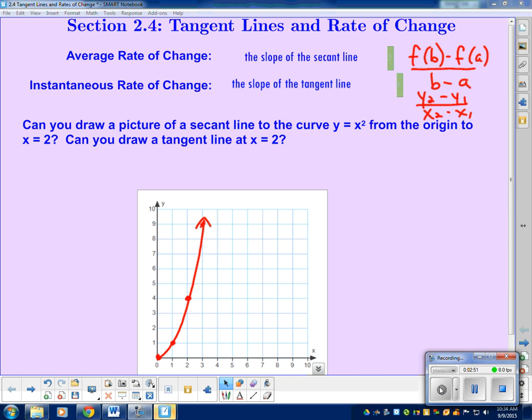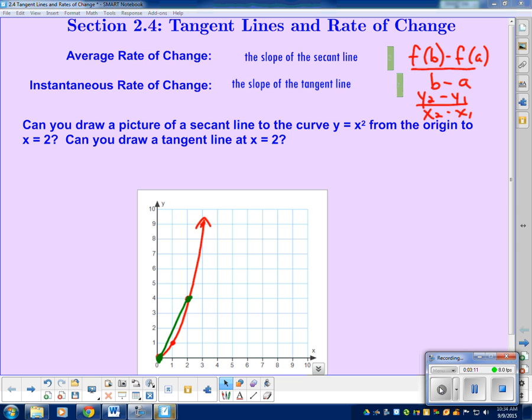And then we're going to draw a picture of a secant line to this right-hand side of the curve y equals x squared from the origin to x equals 2. So the secant line will go from 0, 0 to x equals 2.